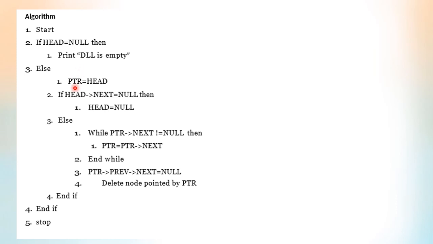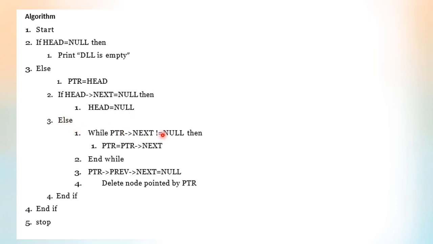Else, we have to traverse through the doubly linked list till we reach the last node, and we have to delete the last node. So here set pointer is equal to head. If head next is equal to null, then head is equal to null. This is done when the doubly linked list contains only one node. In that case, you can simply assign head is equal to null, and deletion can be done.